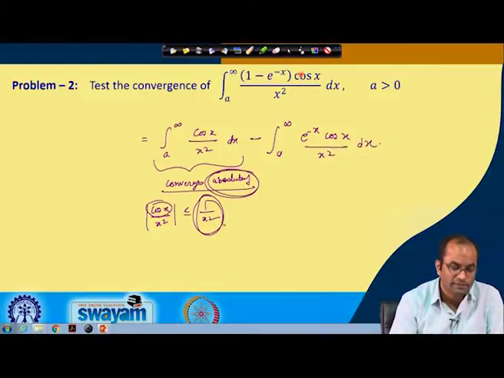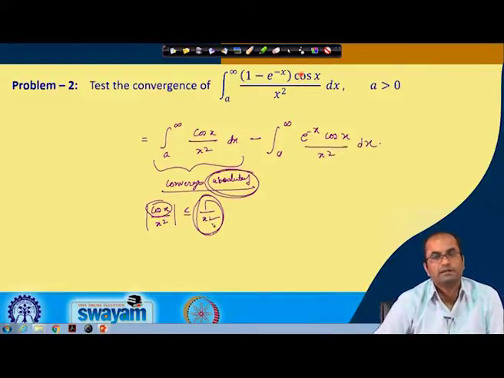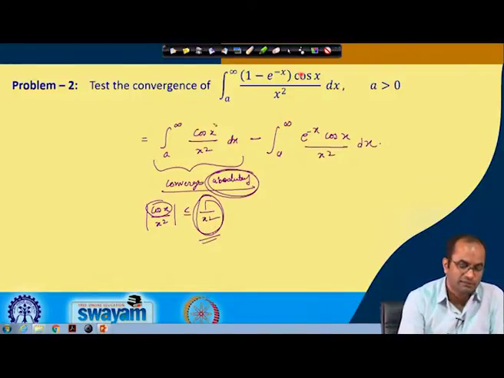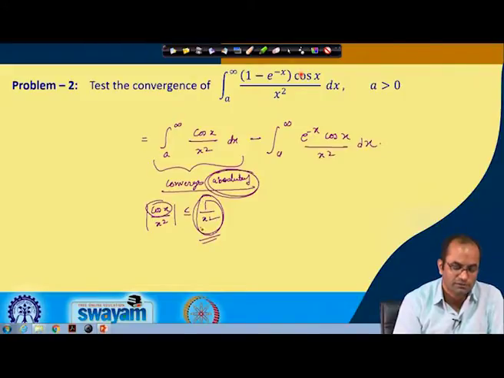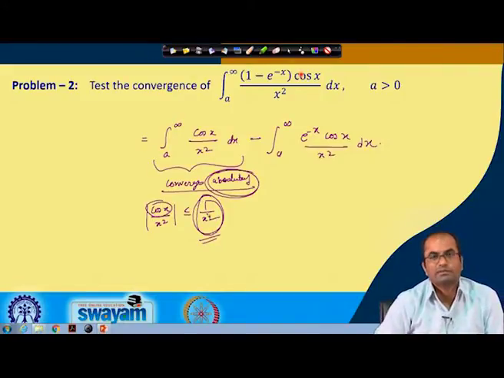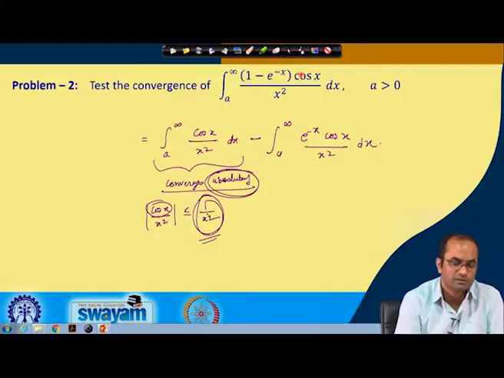We know that the integral from a to infinity of 1 over x square converges, and in that case this integral will also converge, because the dominating function 1 over x square has a convergent integral.